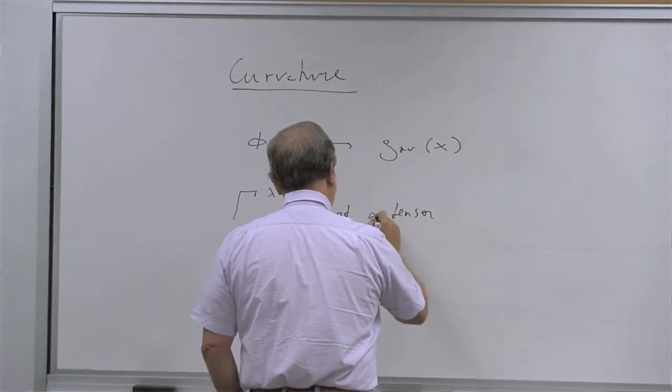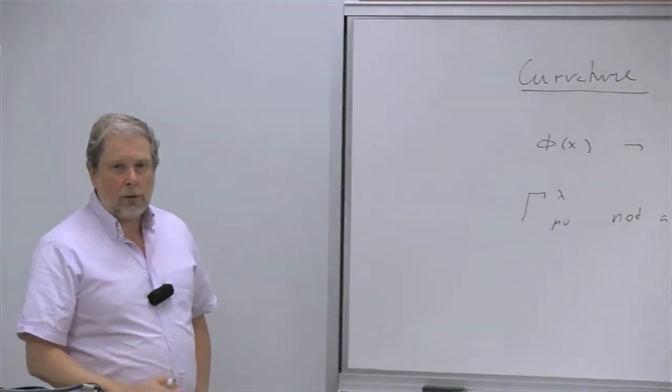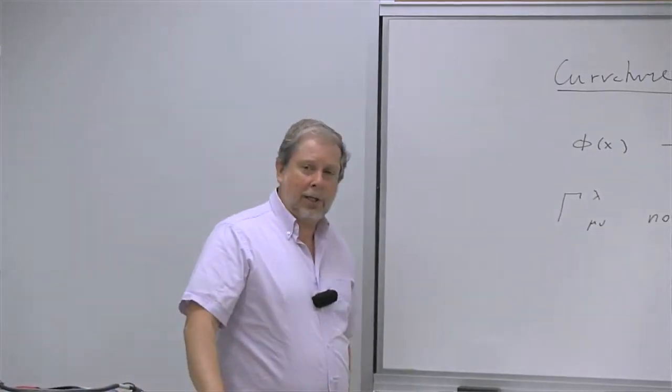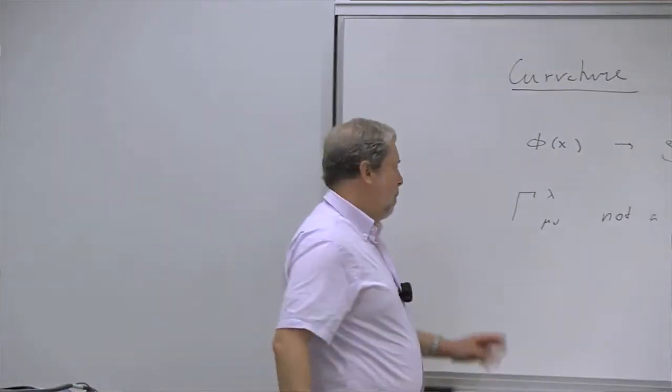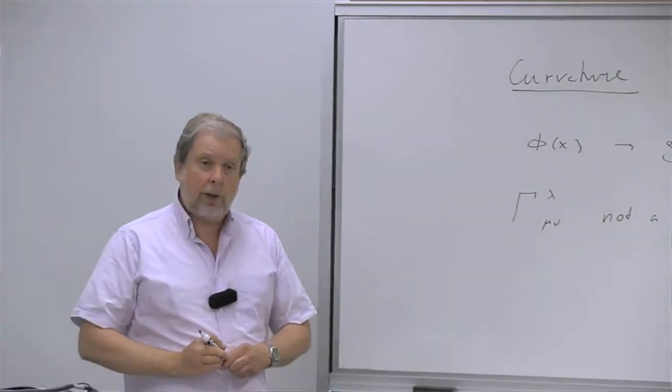Not a tensor, right? So, well, we learn to live with that. It appears in all sorts of equations. When you write them down explicitly, the covariant derivatives have this gamma term, right? It's not a tensor, but we have it, and we know how to deal with it.